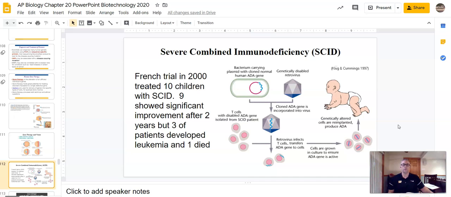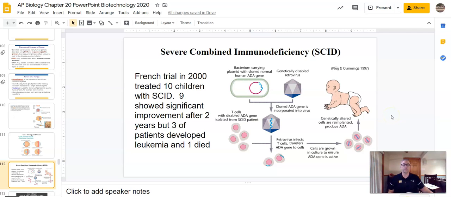And within 2 years, 9 of the kids started to show significant improvement, and they were treated with a retrovirus that had been modified to carry the corrected gene, and it started to develop inside the body and cells, and it started to give the children some capability of having an immune system.